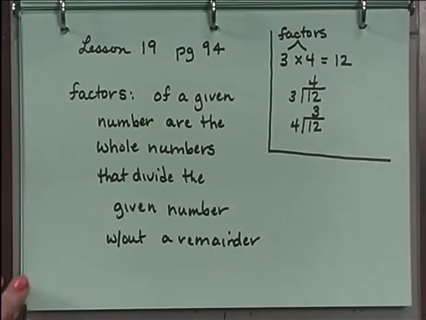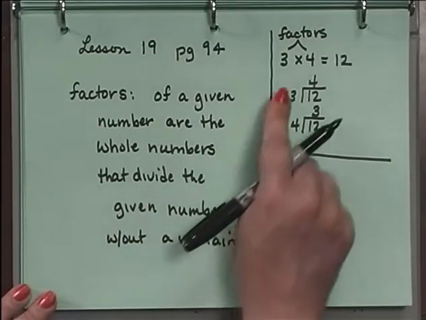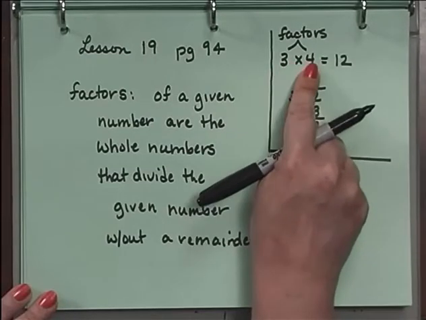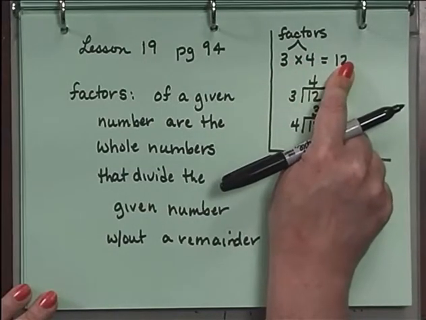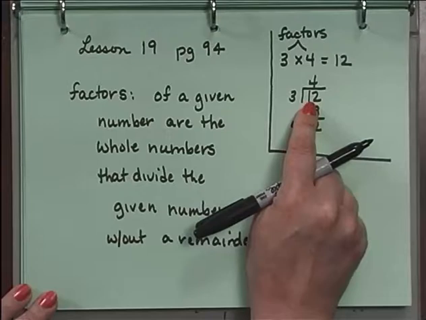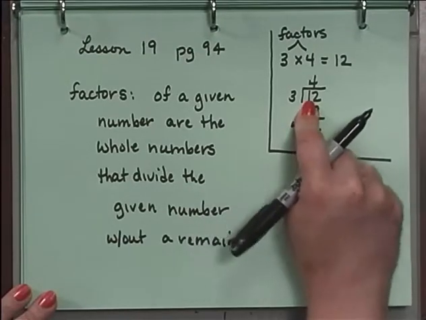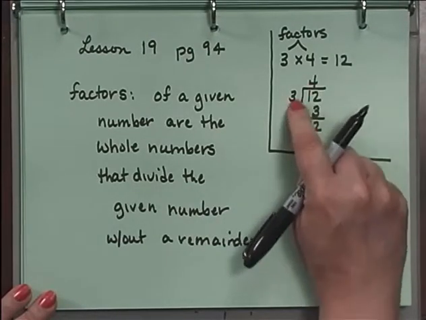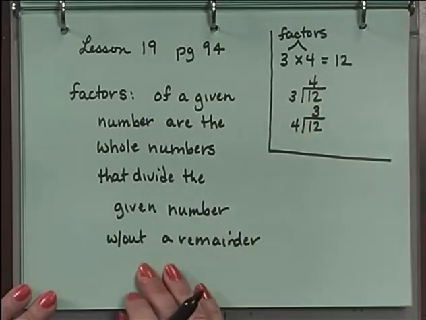Now, either way you want to look at a factor, it's correct. Either factors are the numbers multiplying together to give you a product, or if we take the product and make that the dividend of a division problem, the factors become the whole numbers that divide without leaving a remainder.